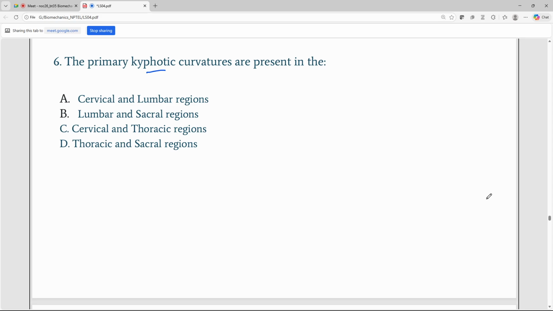Which are the regions where primary kyphotic curvatures are present?